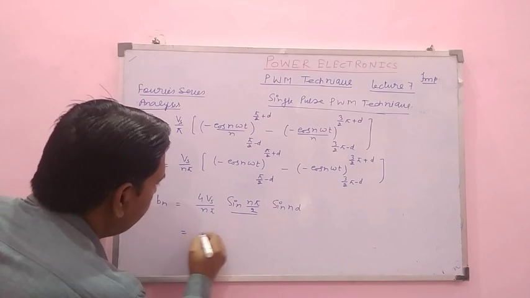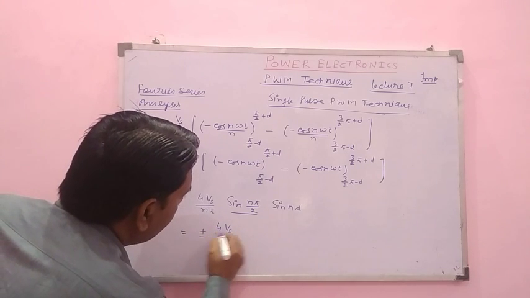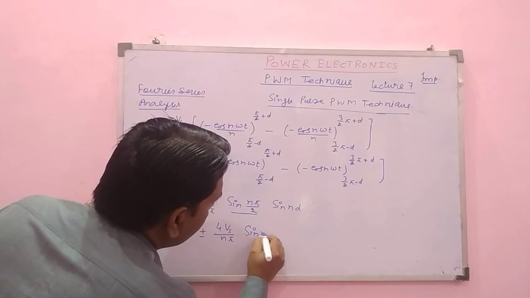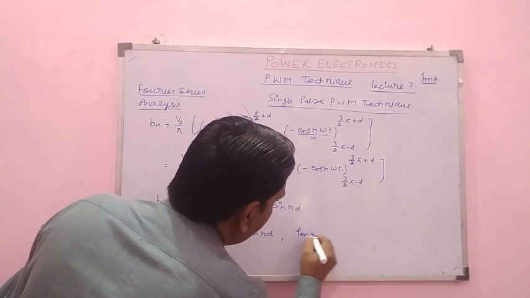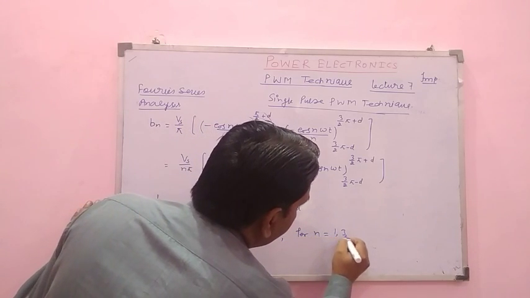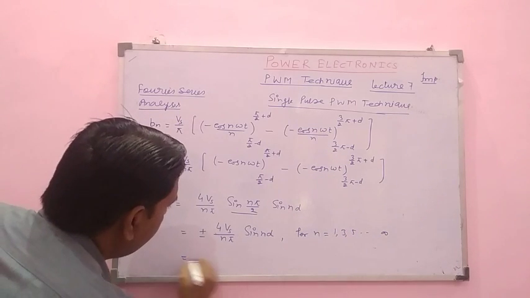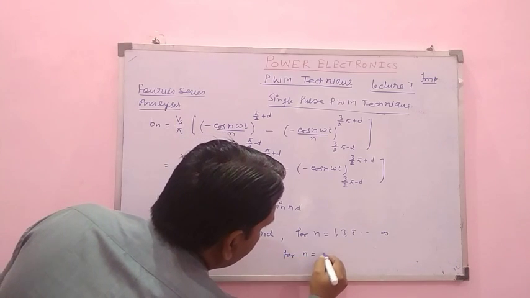So we can write it as plus minus 4Vs upon n pi sin n d for n is equal to 1, 3, 5 up to infinite, that is for odd numbers, and it will be equal to 0 for n is equal to even numbers.